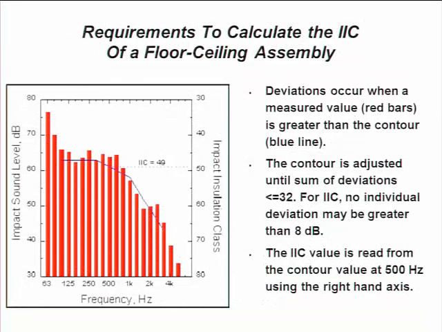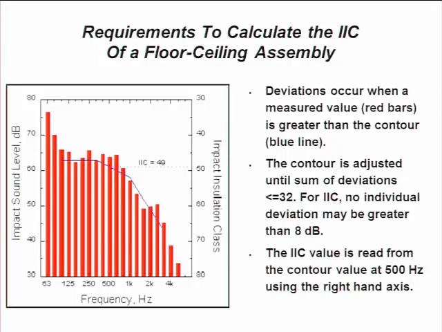This next slide kind of explains how we calculate IIC. The red bars are actual data. That black, blue bar contour line, which is segmented into 3 segments, is the standard contour line. What we do is we shift that up and down until we hit a sum of 32 dBs across all the frequency above that line.